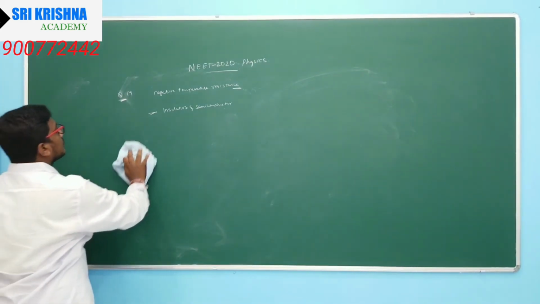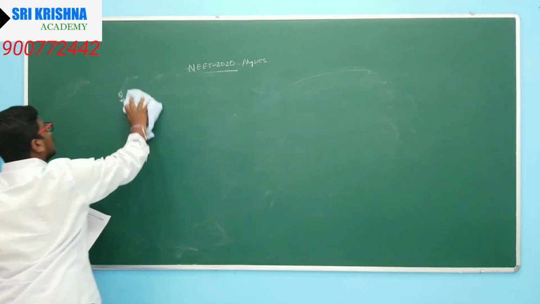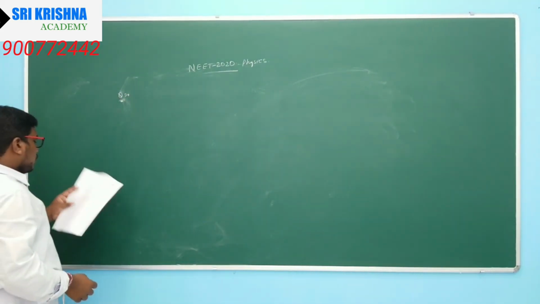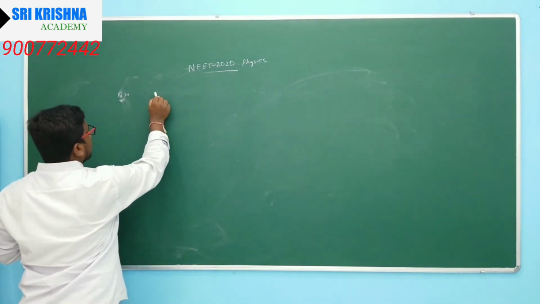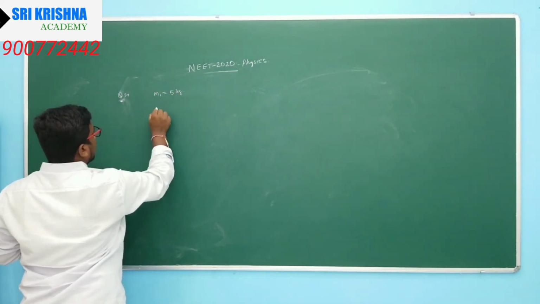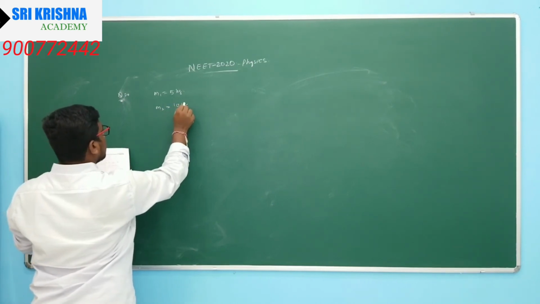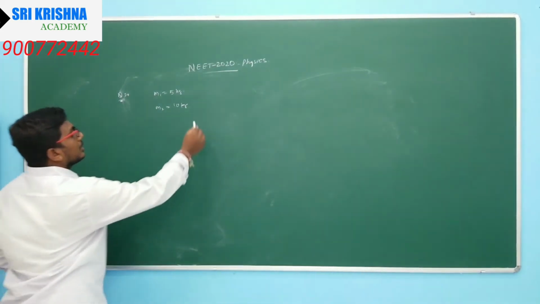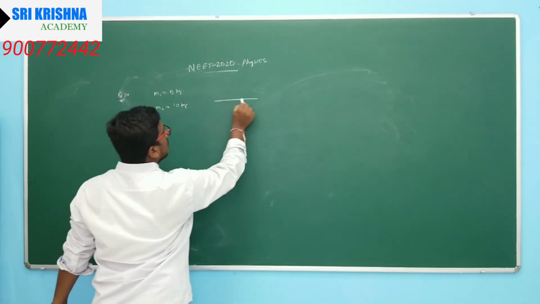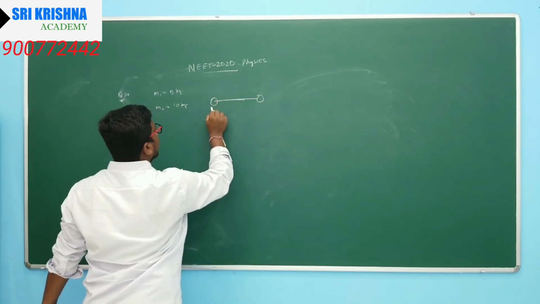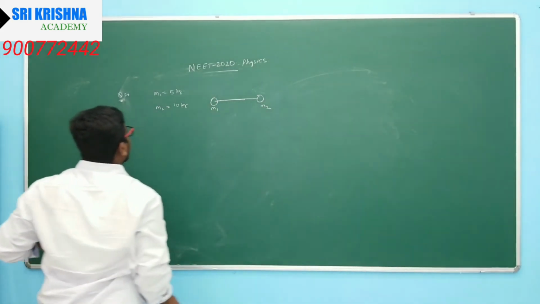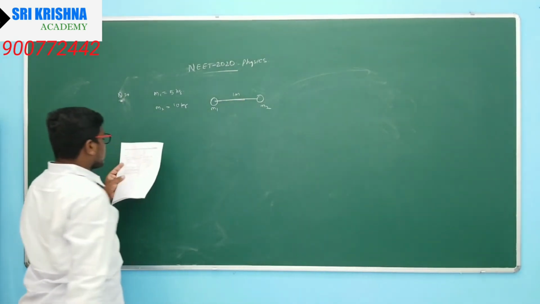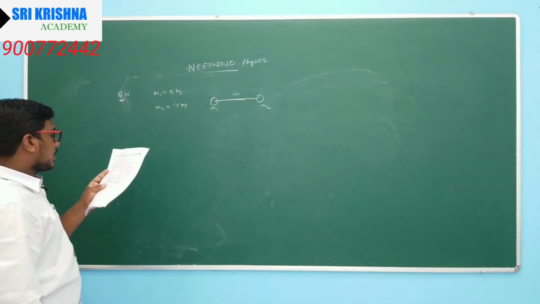Next question. Two particles of masses 5 kg and 10 kg are attached to the two ends of a rigid rod. The length is 1 meter, with negligible mass.